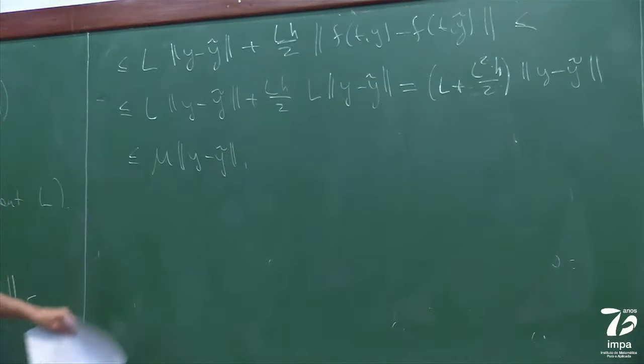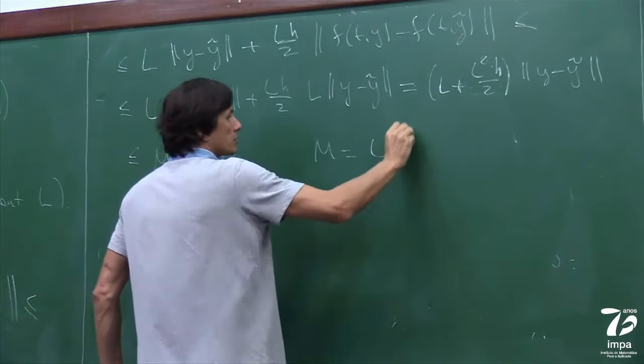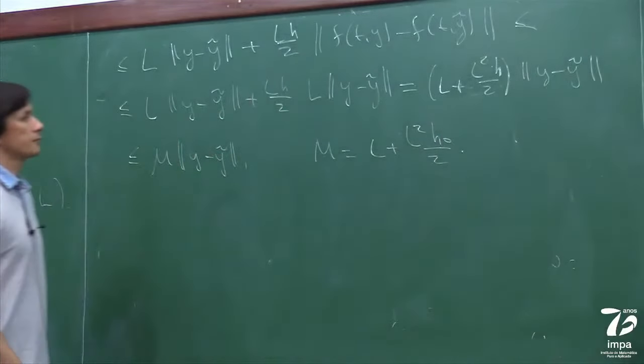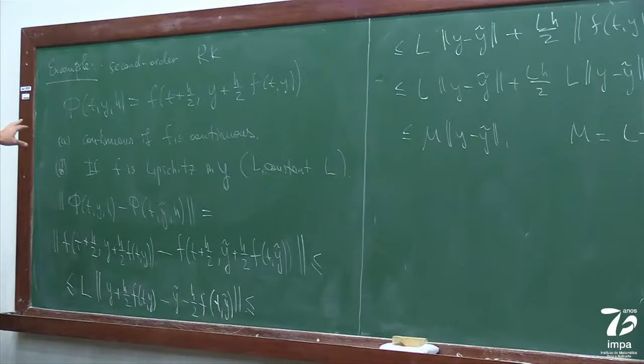So what we need is to take M, which is independent of h. So M we just take as L plus L squared h0, the largest value that is allowed. So that's okay. Generally the proof is the same for any method.